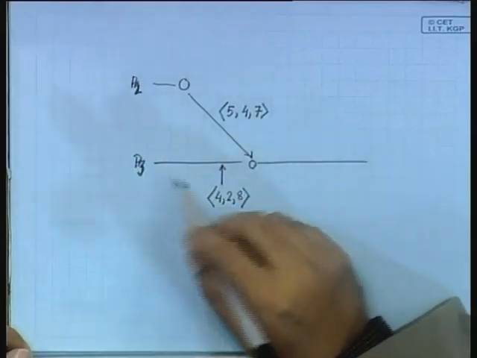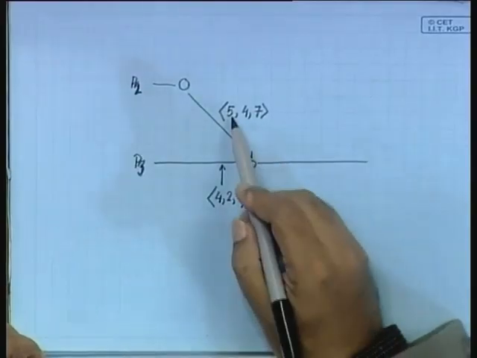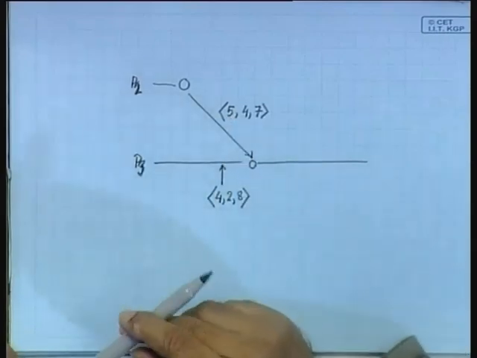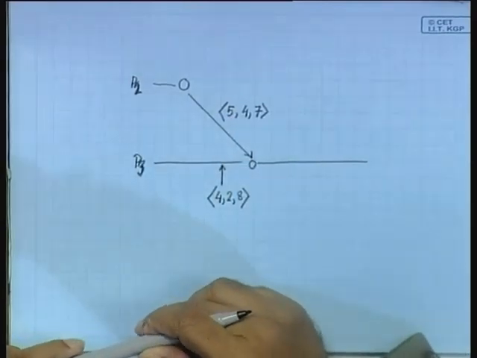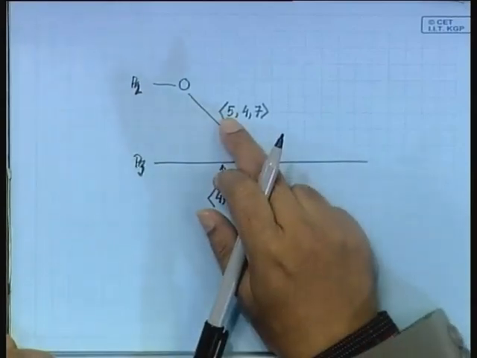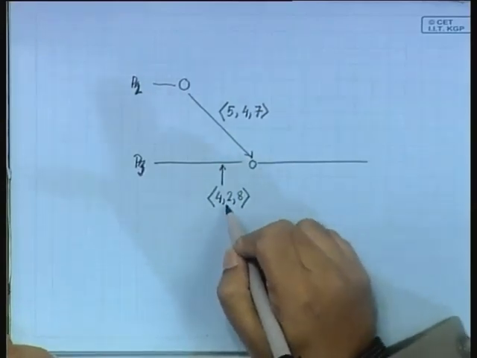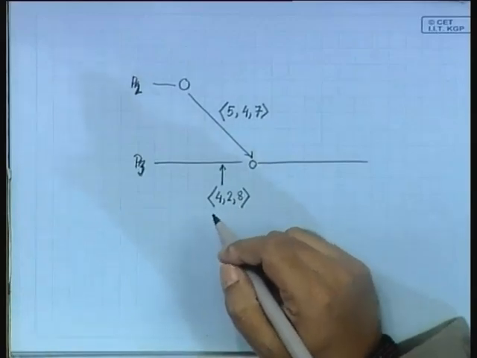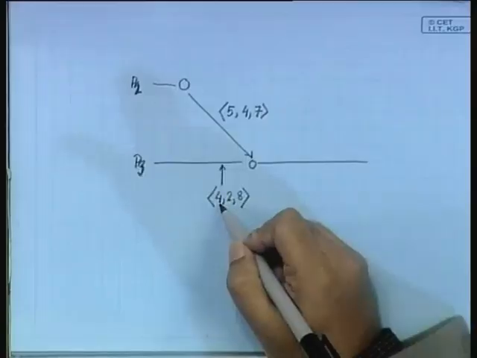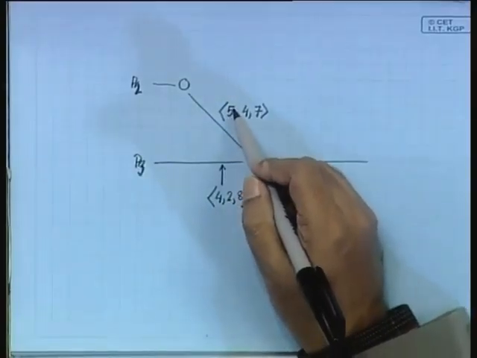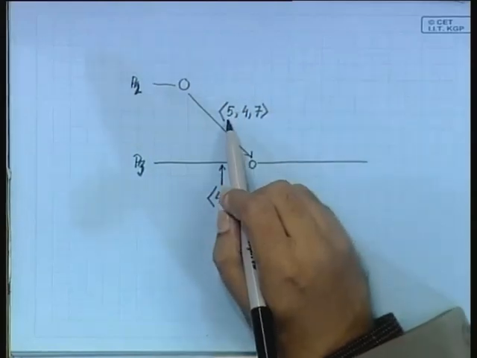Now, see what P3 sees is that its first dimension is 4, but this message shows that the first dimension is 5. So, there must have been another message from P1 which it has not received. In other words, what this clock is counting is the number of messages that it has received from P1, P2, P3, right. So, when it has 4 and this one is showing 5, that means that P1 has sent 5 messages, otherwise how did this dimension become 5?